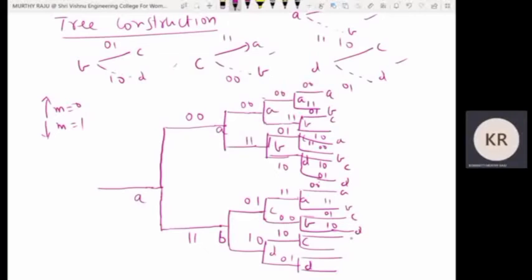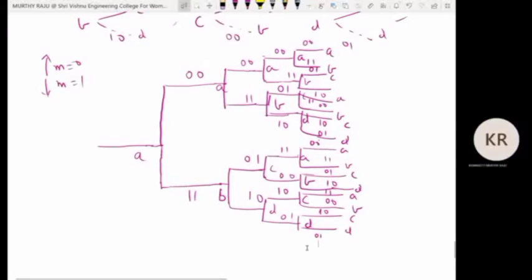Here C to A is 1 1, C to B is 0 0. Next, D to C is 1 0, D to D is 0 1.